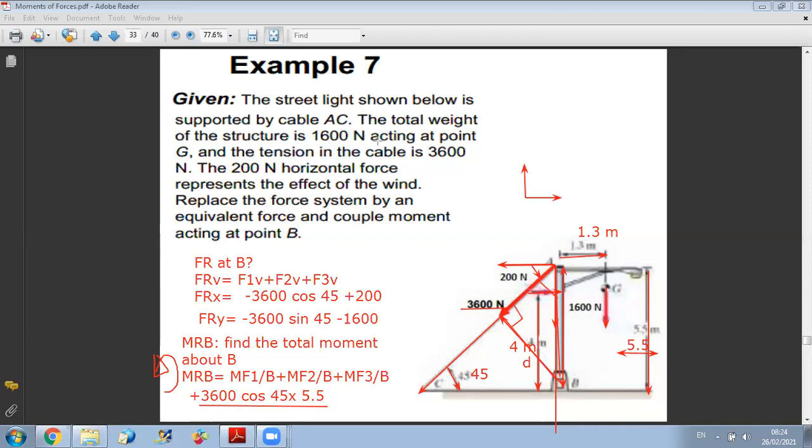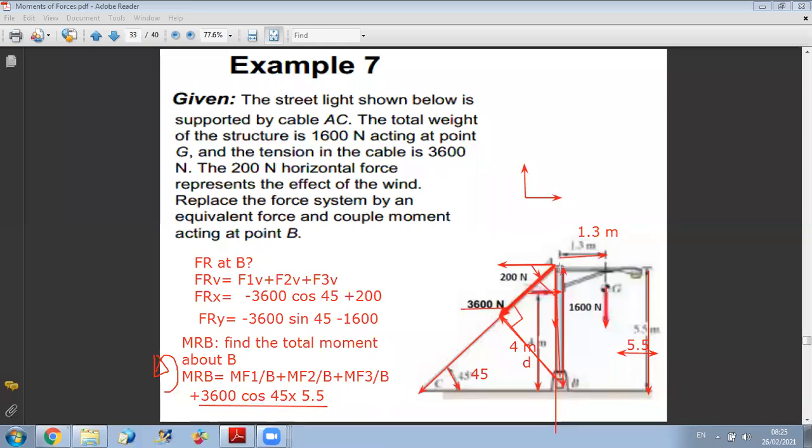Whenever I calculate the sum of moments, I don't look at whether the components are on the positive side or negative side, I only look at whether the moment is clockwise or counterclockwise. Exactly. A negative component of a force can create a positive or negative moment.